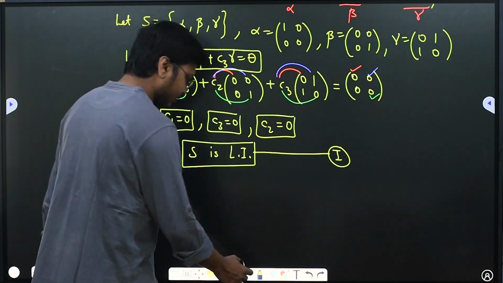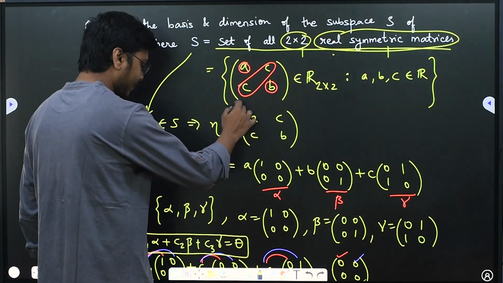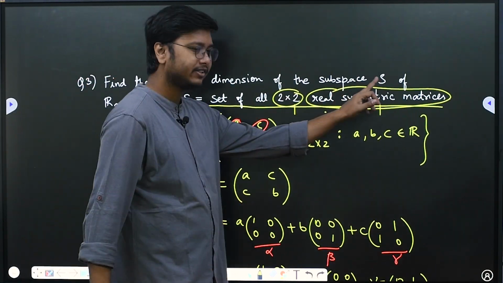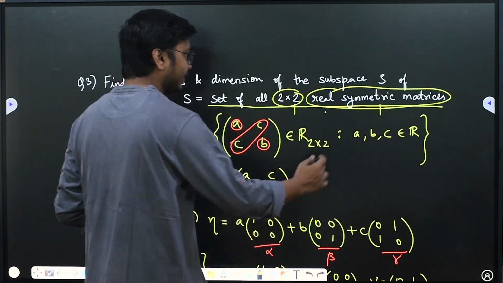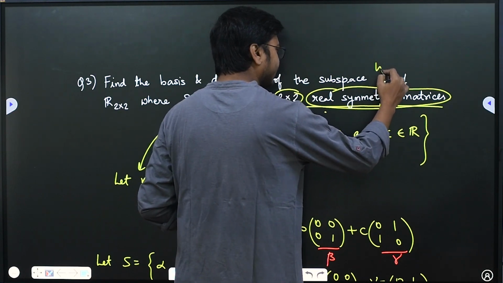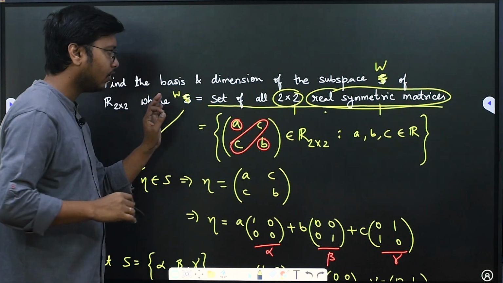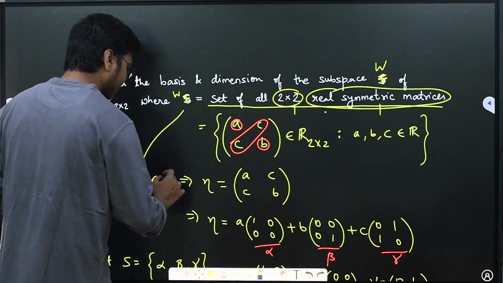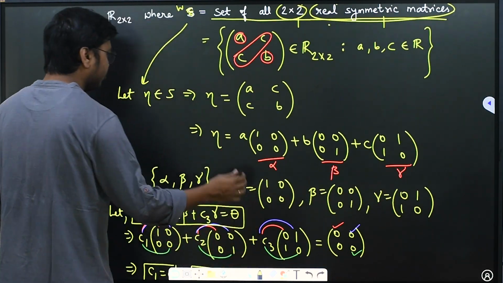I think I have named my set as S, and in the given question also it was S, so that will be creating some confusion. So let me just change this and call this W. I am changing the original question's name of the subspace to W, so that would just remove the confusion from the question.